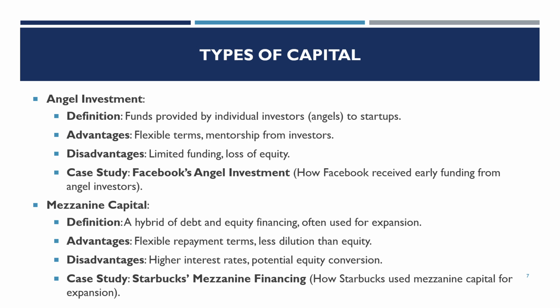The disadvantages are higher interest rates and the potential for equity conversion. For example, Starbucks used mezzanine financing to fund its expansion into new markets. So these are the types of capital.